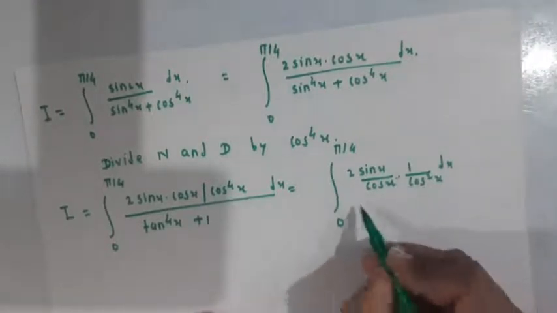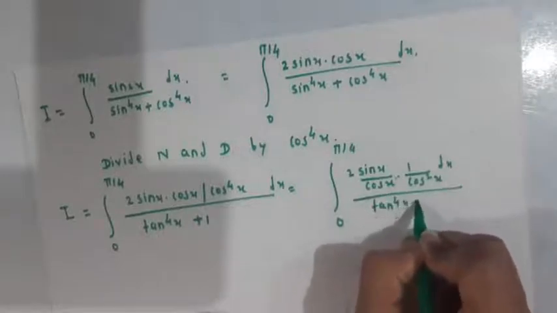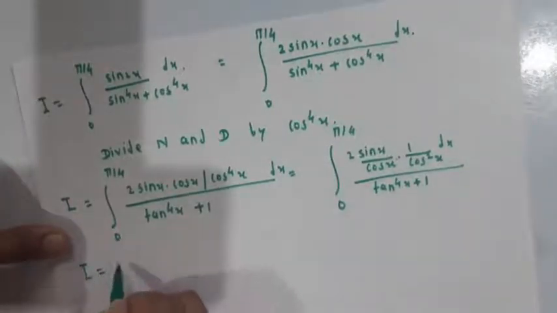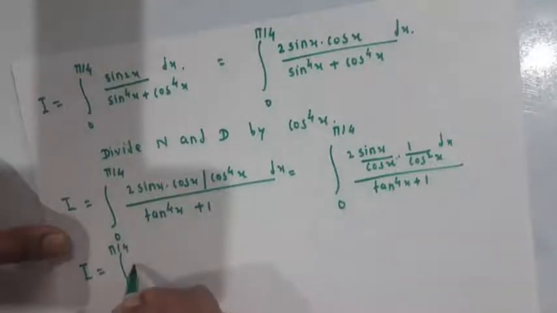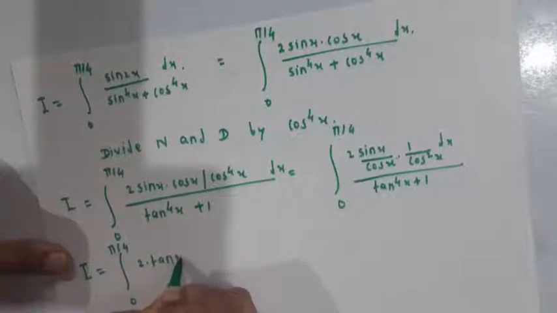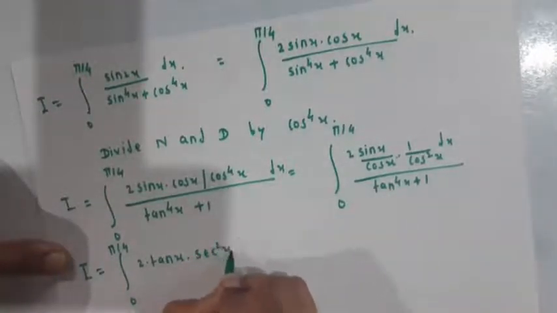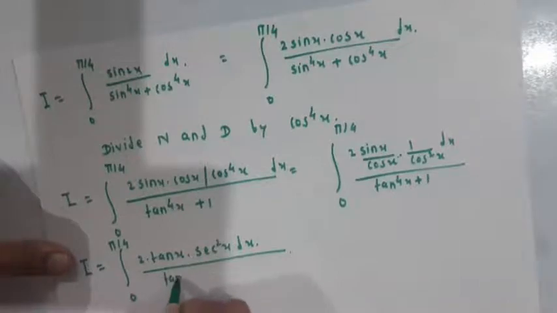In this way we have written here, upon tan^4 x plus 1 with respect to x. Now integration I equals the integral from 0 to pi by 4 of 2 tan x sec^2 x with respect to x upon tan^4 x plus 1.